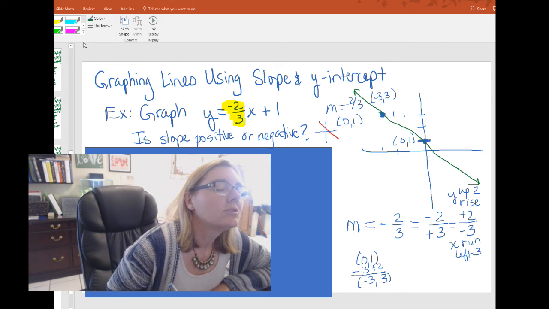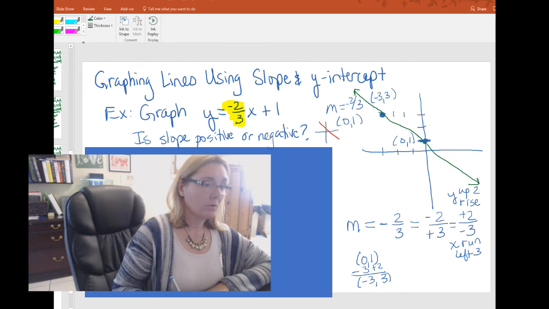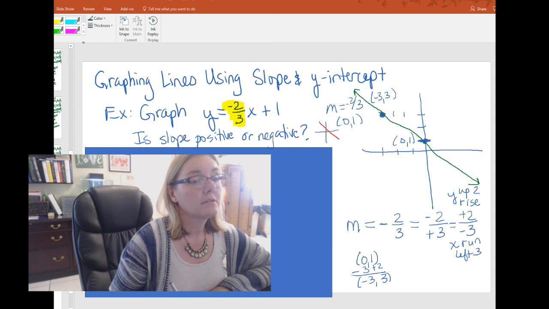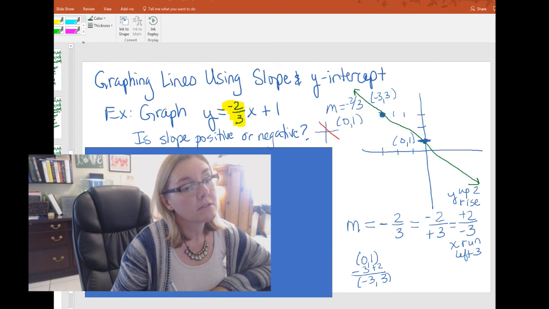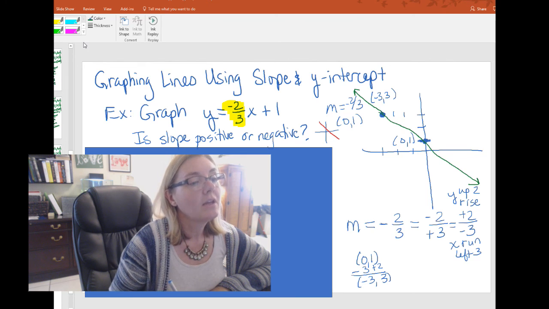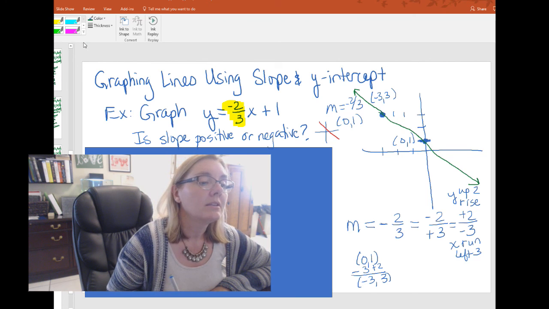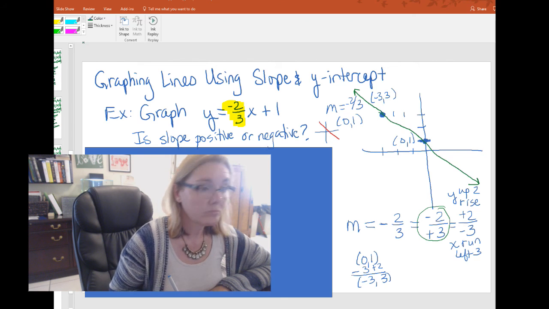Next, just to show you, we could have also gotten a point that was to the right and down, and that would be the -2 over +3 way of thinking of the rise over run.